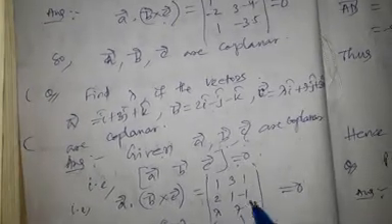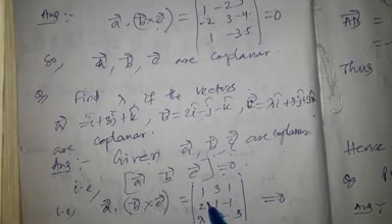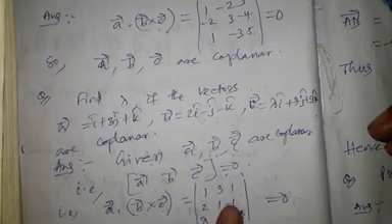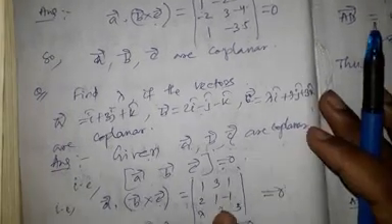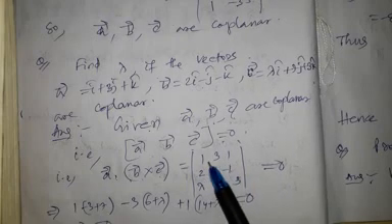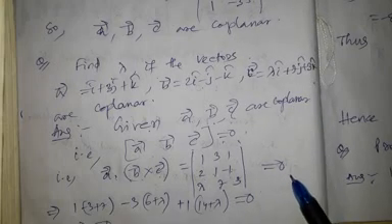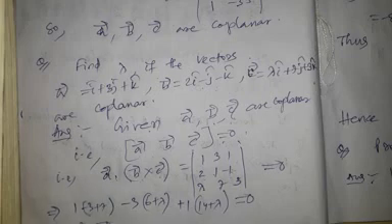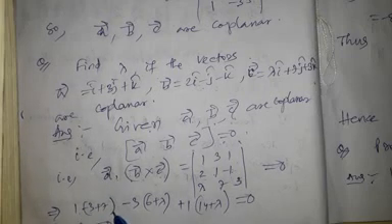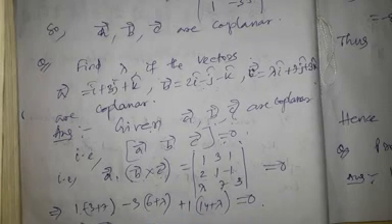If the scalar triple product is equal to 0, then A dot B cross C is the determinant with rows 1, 3, minus 1; 2, 1, minus 1; and lambda, 7, 3. It is coplanar, so that is equal to 0. After finding the determinant value and setting it equal to 0, you solve for the value of lambda.